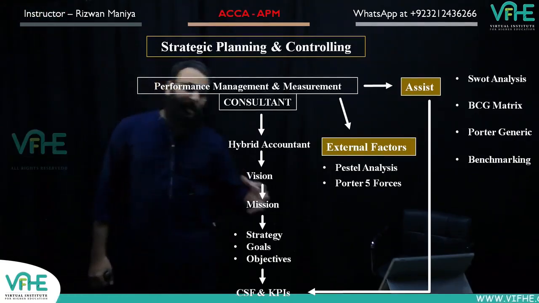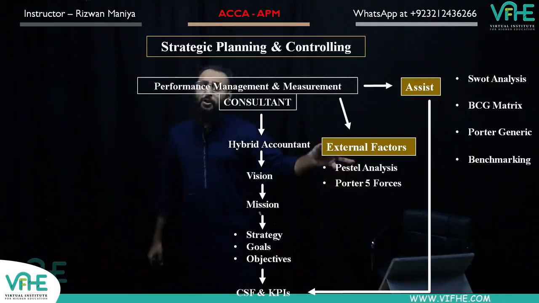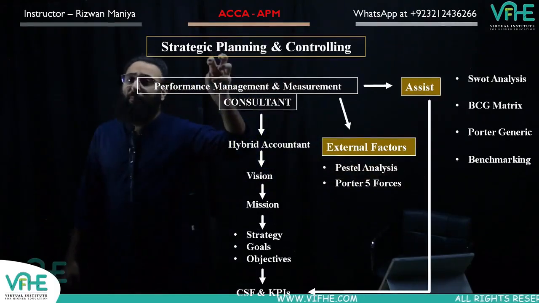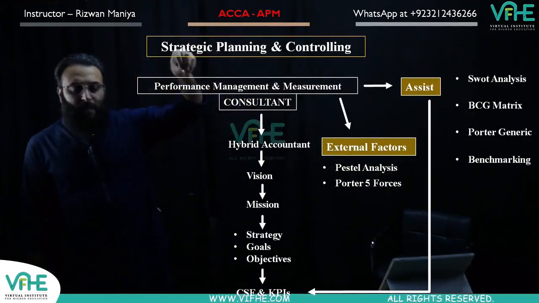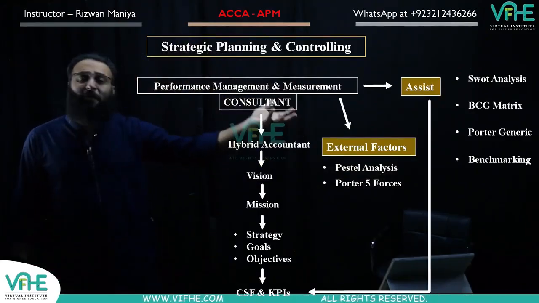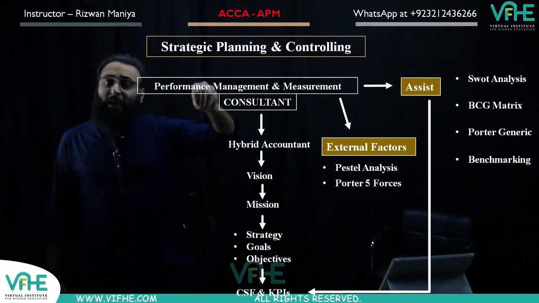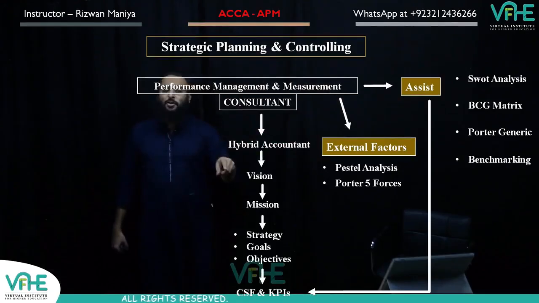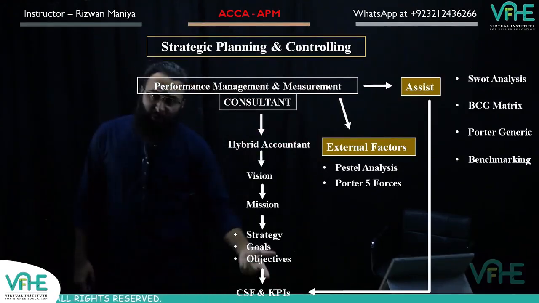So as a consultant, once you understand the pressures through PEST or Porter's 5 forces, you have to come up with a strategy to counter them, and that is performance management. And then you come up with the indicators, KPIs, to measure the pressure, and that is performance measurement.